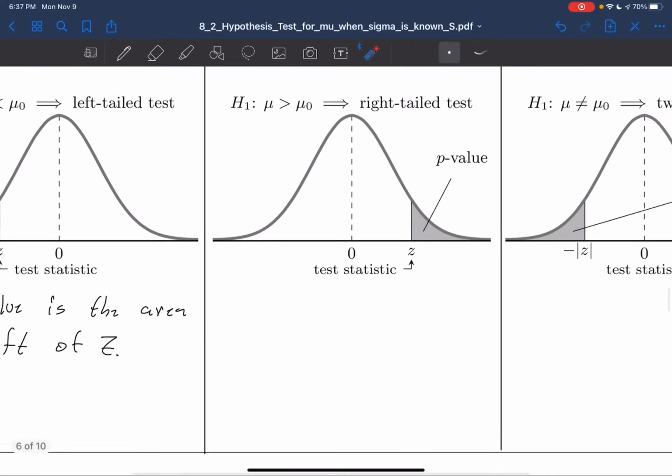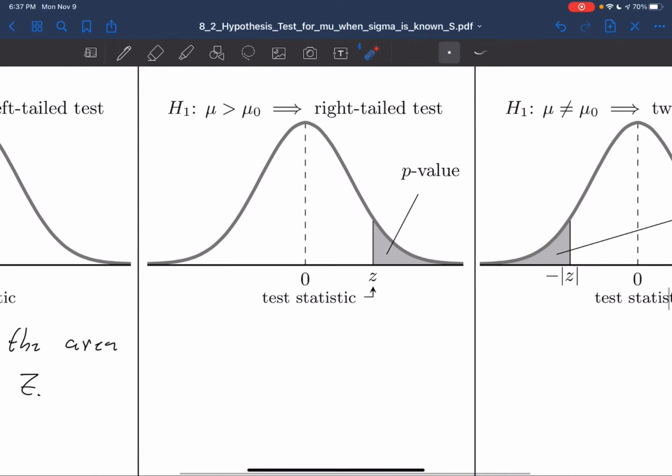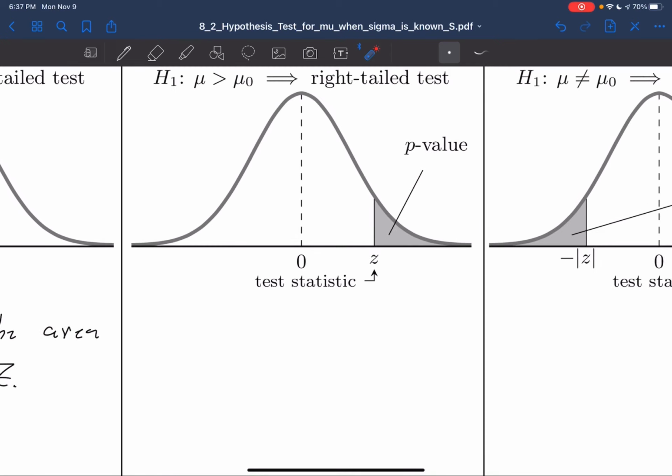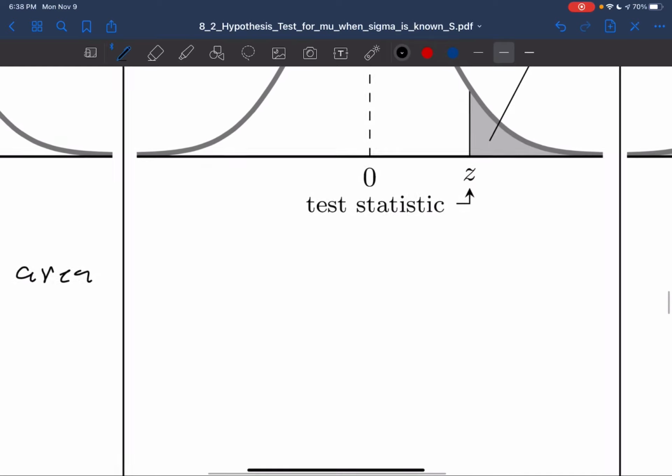Okay, what happens if we're dealing with a right tail test? So your p-value is just going to be the area to the right of your test statistic z. So let me just write a couple things down.